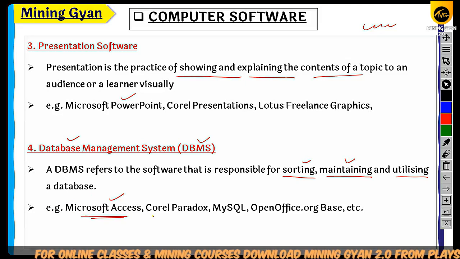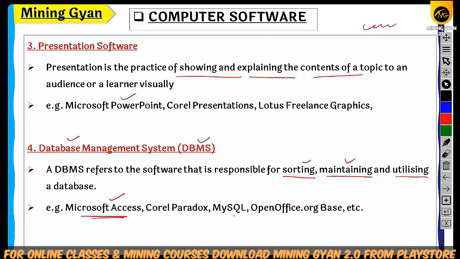The most popular example is Microsoft Access. Others include Corel Paradox, MySQL, and OpenOffice.org Base. So these are some general purpose application software.